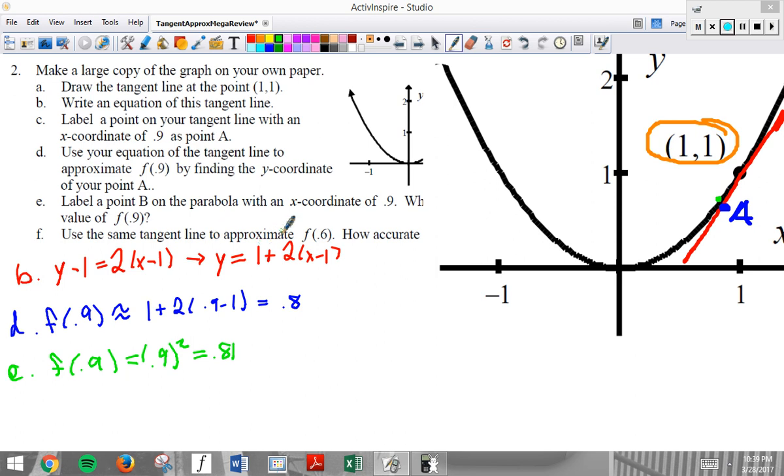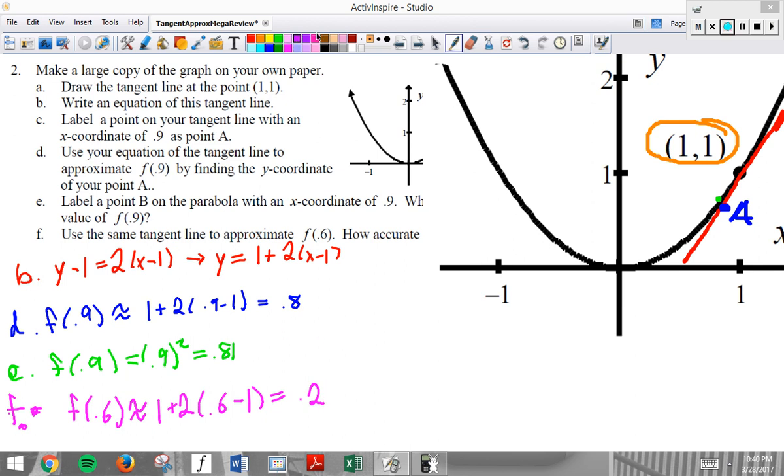Use the same tangent line to approximate f of 0.6. So going back to the tangent line, f of 0.6 would approximately be equal to 1 plus 2 times 0.6 minus 1. 0.2.